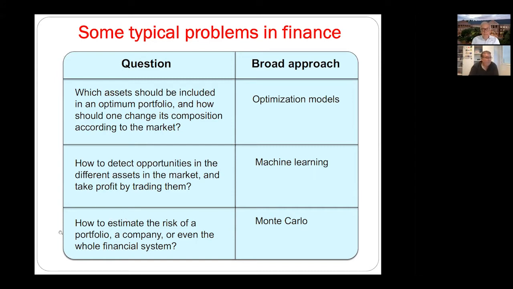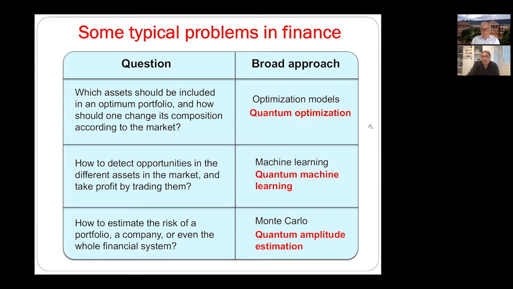And finally, how do we estimate the risk of a portfolio, or the risk of a company, or the risk of the whole financial system? This is done typically using Monte Carlo methods, all right? Typically, let me stress that this is again not exhaustive. Well, it turns out that in these three broad families of problems, quantum computing can help.